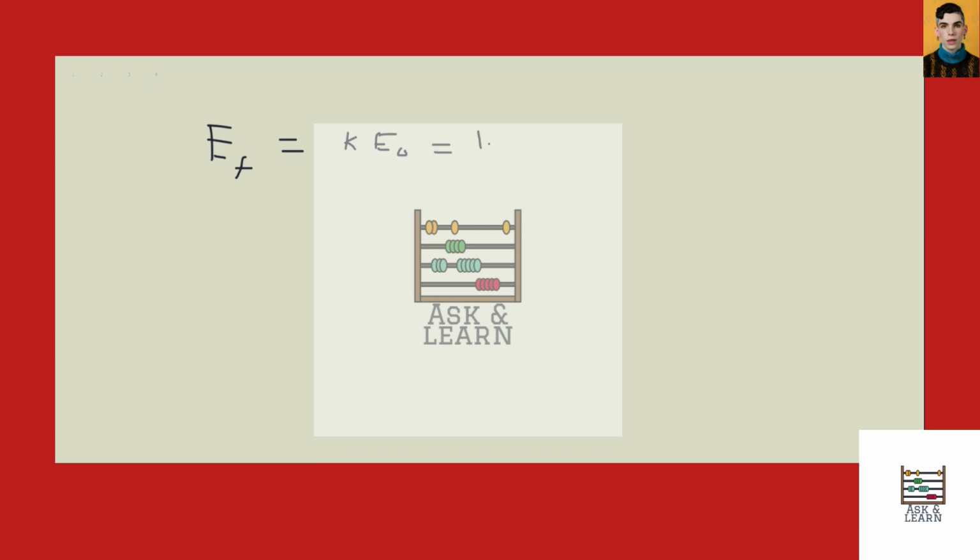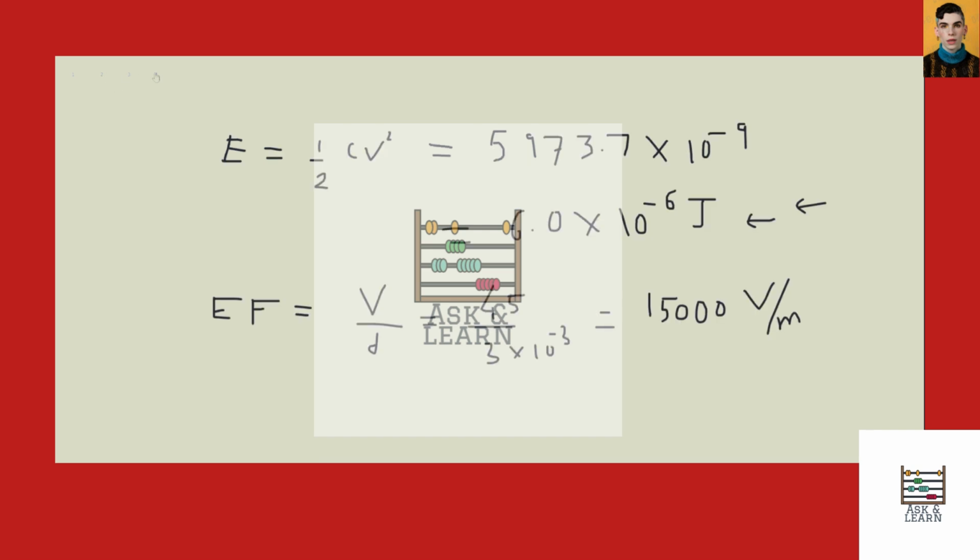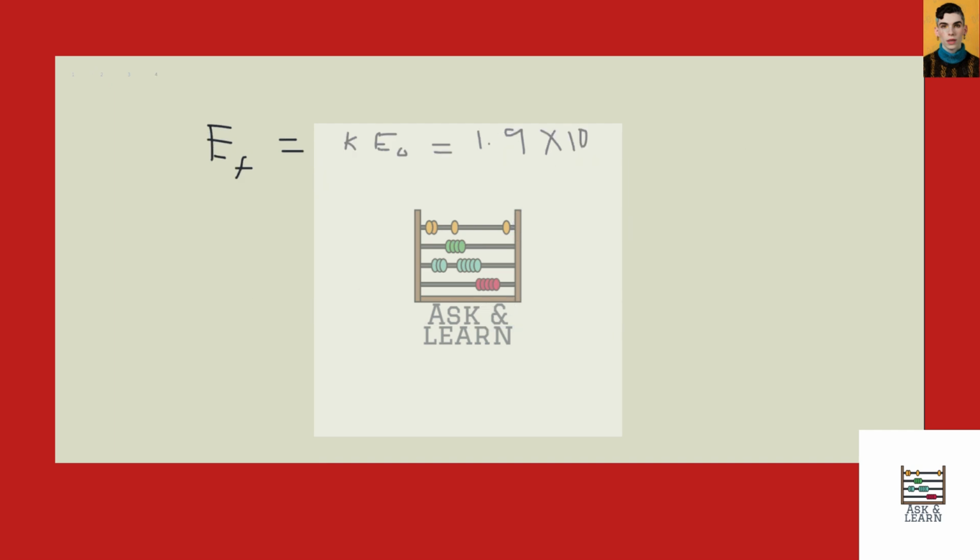This gives you 1.9 times 10 power negative 5 joules.